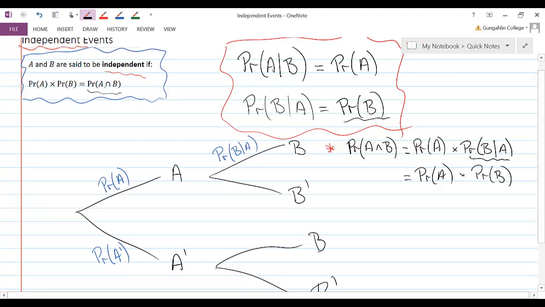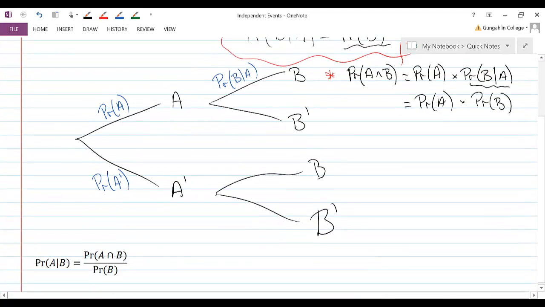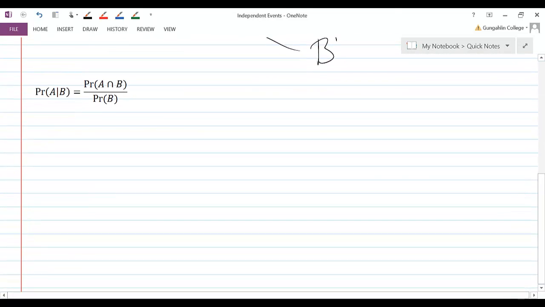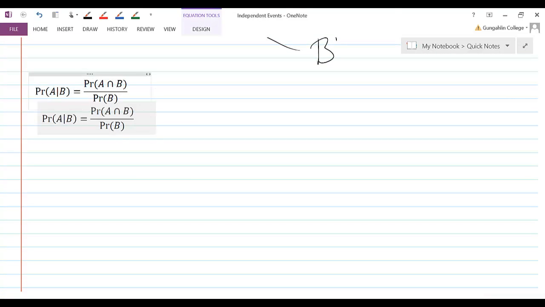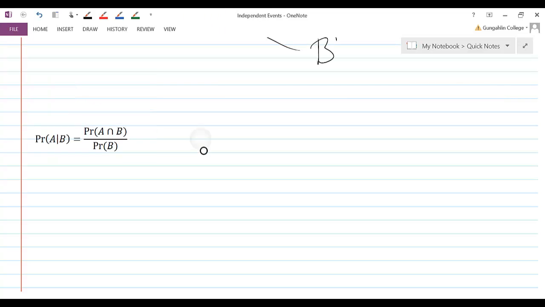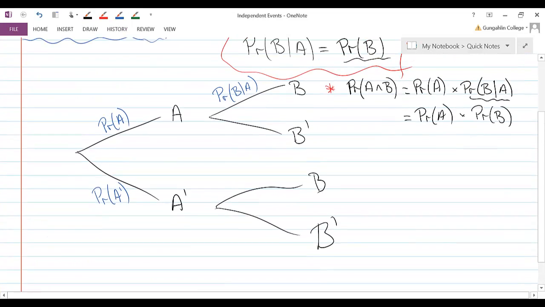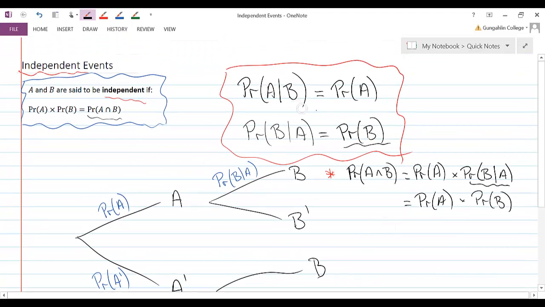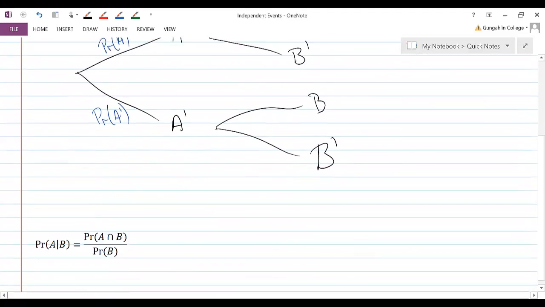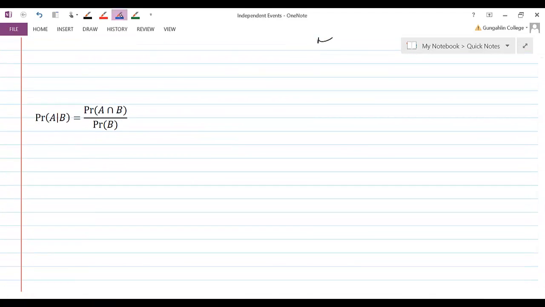The other way to see how this formula drops out is by thinking about the conditional probability formula. In the conditional probability formula, the probability of A given B is equal to the probability of A and B over the probability of B. As before, we said the probability of A given B is equal to the probability of A. That's what independent events mean.